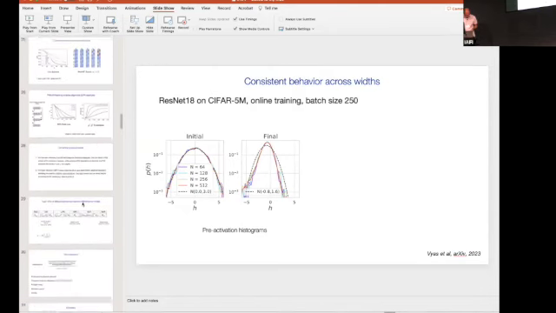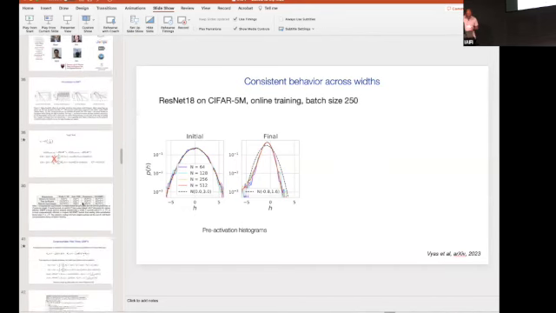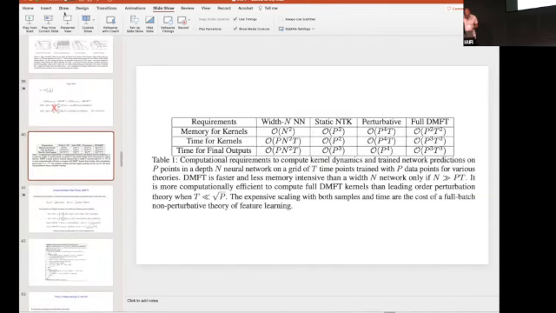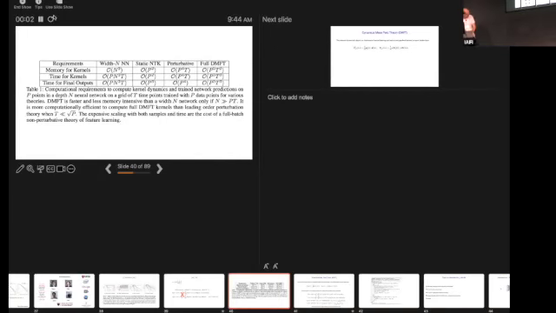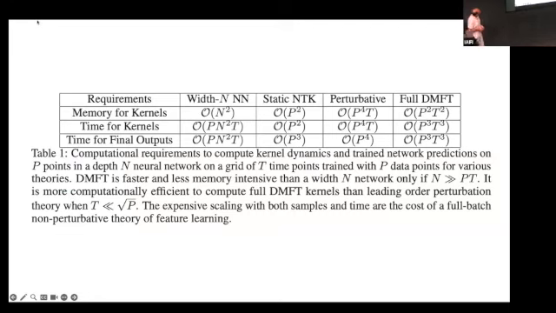I do have a slide on this somewhere in these slides. Yeah, so basically, we can look at the last layer over here. P is the number of data points, N is the width, and T is the number of training steps.